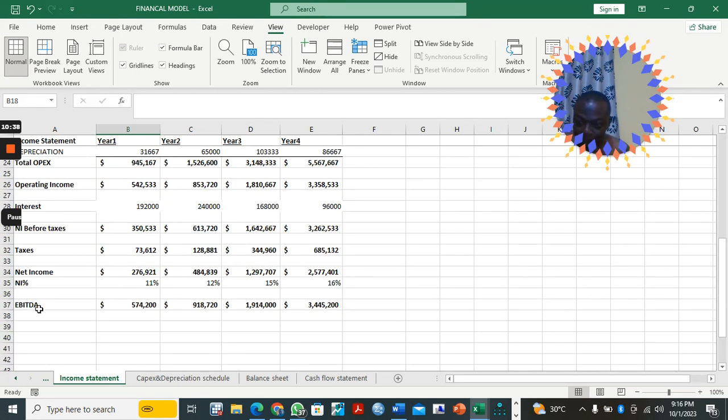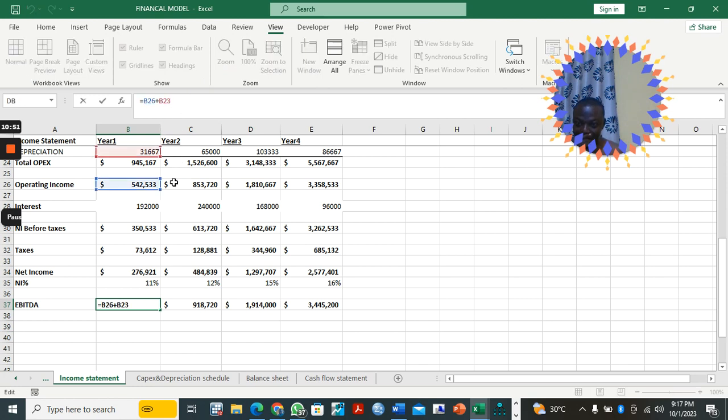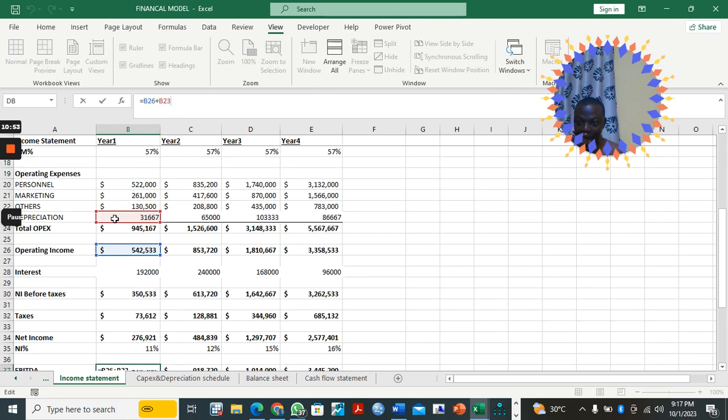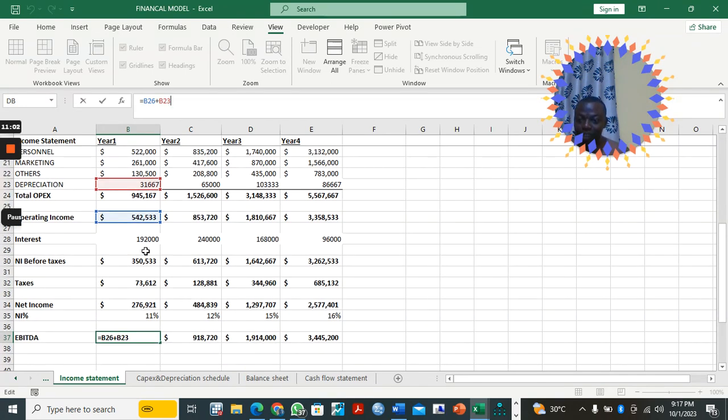Now we come to the EBITDA. EBITDA is earnings before interest, taxes, depreciation, and amortization. To get our EBITDA, it is simply our depreciation plus operating income, because depreciation is not a fiscal outflow of money.